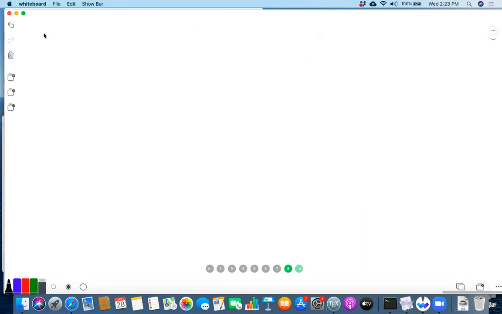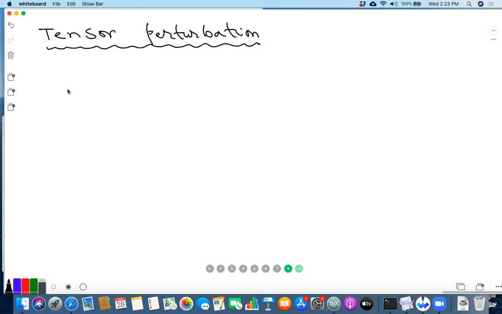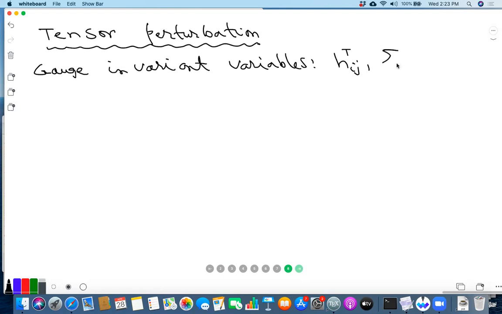So now let's look at tensor perturbation. That's the last remaining thing to do. The gauge invariant variables here are H^T_ij and sigma^T_ij, with all the transverse conditions.